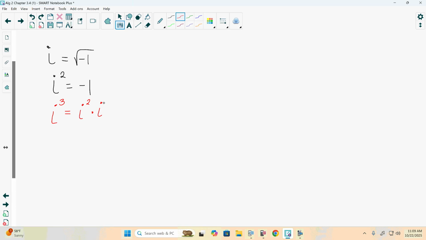I'm going to use i squared times i, because that is still i to the third. But we know what i squared is. i squared is negative 1. We found that, we stated that already. So we're just multiplying it by another i. And negative 1 times i is negative i.